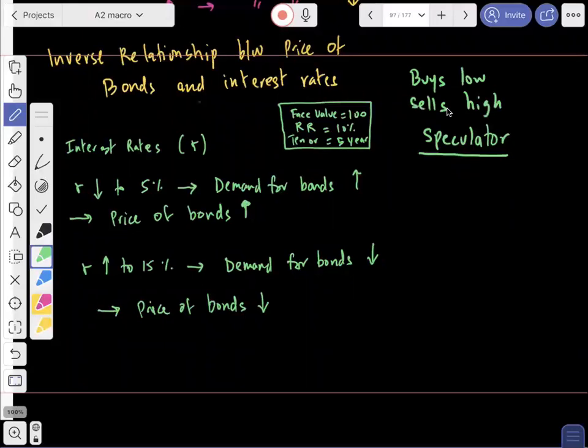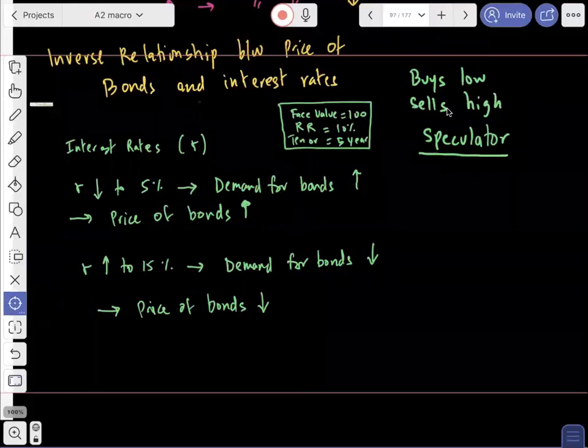Now we're going to look at the speculator's perspective, because what the speculator does is that whenever the price of a bond falls, he's going to be buying a bond, and whenever the price of a bond rises he will be selling bonds. In other words, he is holding bonds as financial assets, and he is only going to buy when the price is low and sell when the price is high.